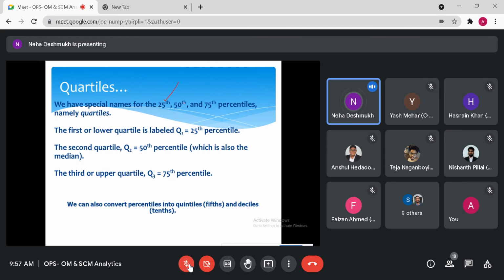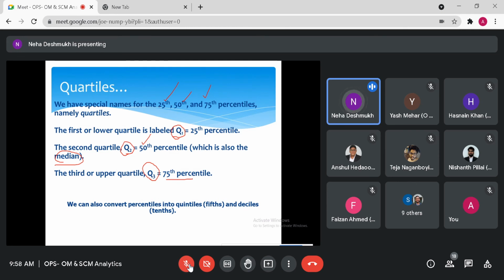First is 25th, 50th and 75th. 25th percentile is called the first quartile. The second quartile is called the 50th percentile, which is also called the median, and the upper quartile is called the 75th percentile.